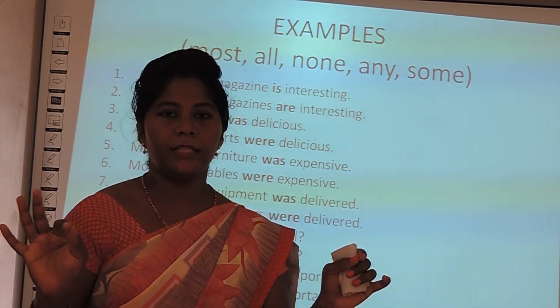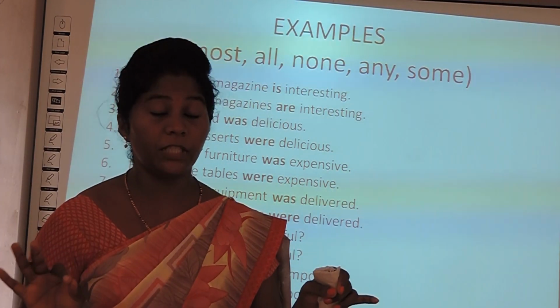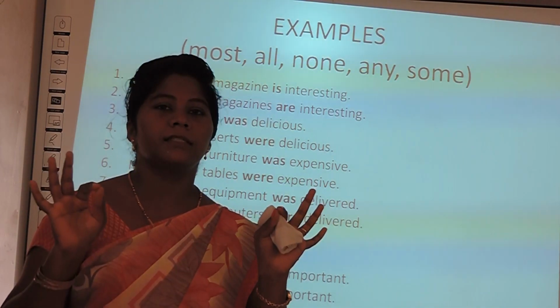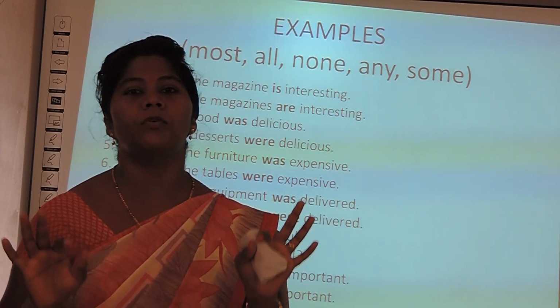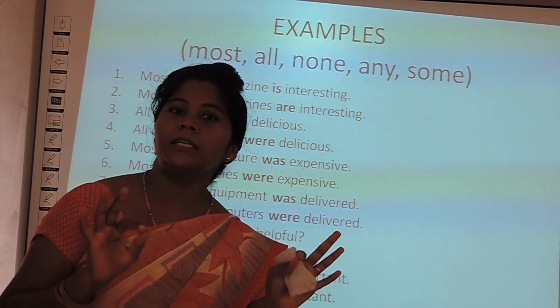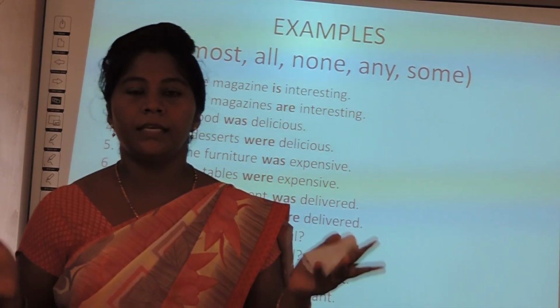Now the very important thing, please keep in mind, whenever you have an uncountable noun in the sentence, it will always be taken as singular. So uncountable nouns are always considered as singular. So as it is considered singular, obviously the verb that follows also should be singular.